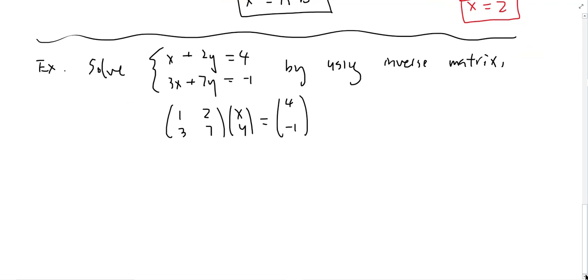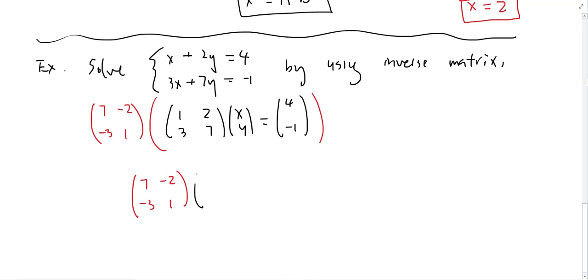So if I now multiply this entire equation by the inverse matrix, which is 7, negative 2, negative 3, 1, I have to multiply to the left side, and I have to maintain the order in which I'm multiplying. Meaning, since I put this matrix on the left of the expression, I have to put it on the left of everything that I'm going to multiply.